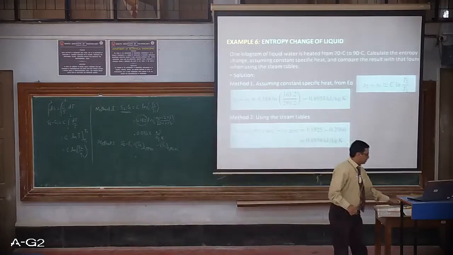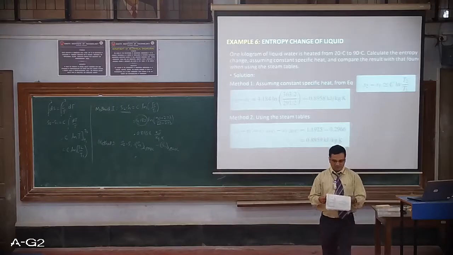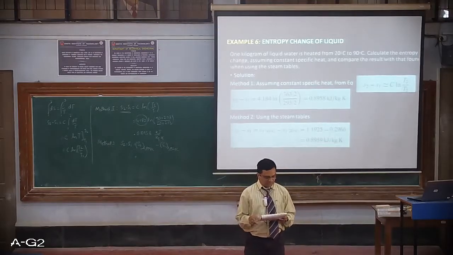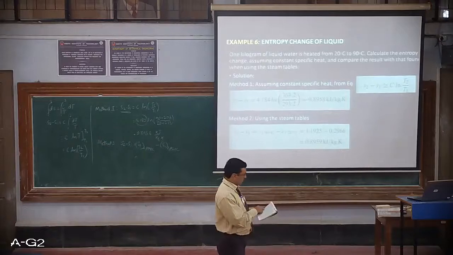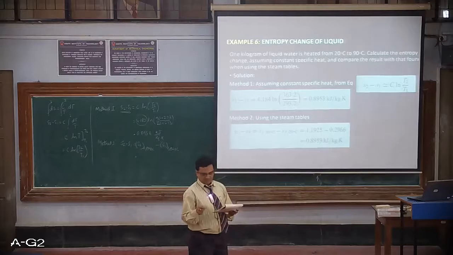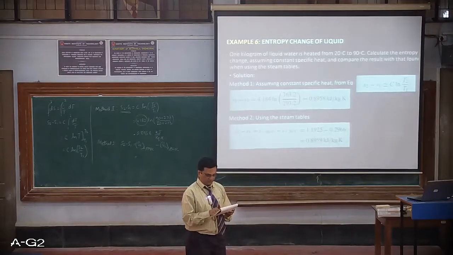Here we need to go to the temperature table for water, and at 20 degrees Celsius and 90 degrees Celsius, we need to find the value of Sf. Sf is in the 11th column on page number 7.